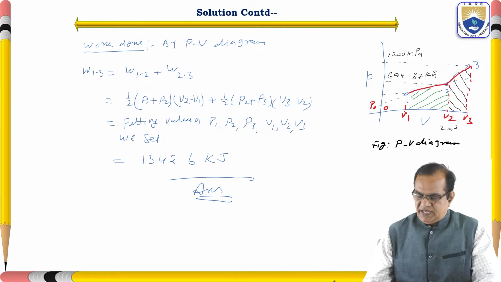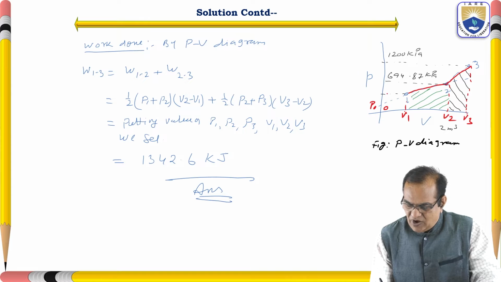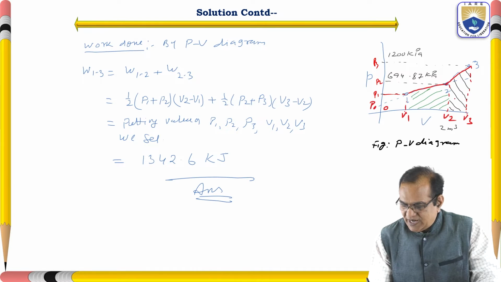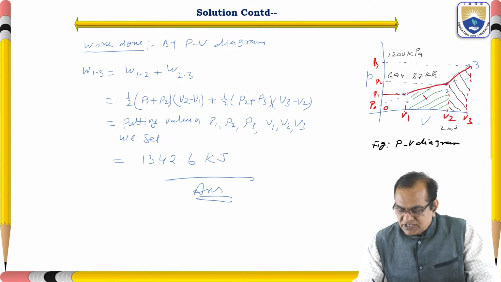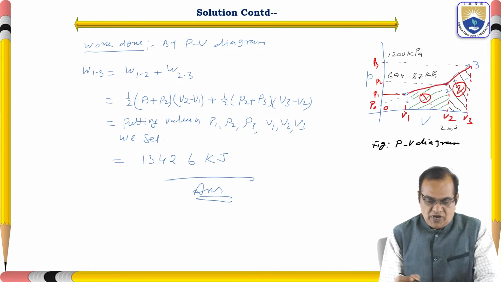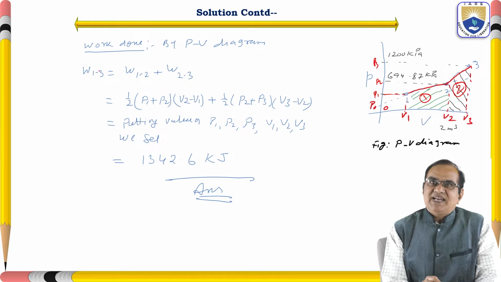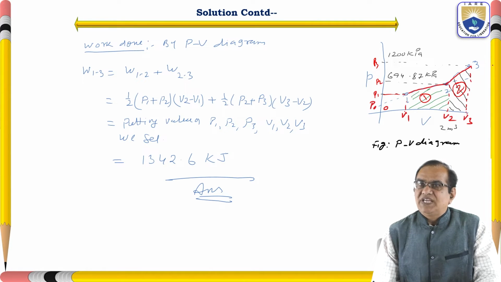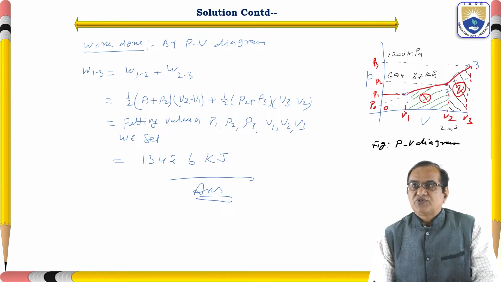Here you can see that we have P1, P2, P3, V1, V2 and V3. Here we have one trapezoid and another trapezoid. So the total work done from 1 to 3 is equal to work done from 1 to 2 plus work done from 2 to 3.